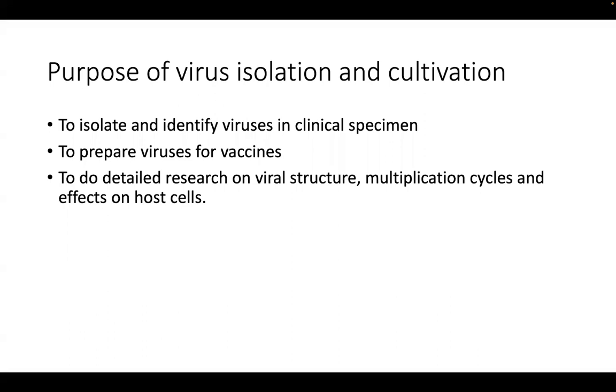So this is more than diagnosis. It is more applicable in viral cultivation than diagnosis, because for diagnosis, there are newer methods that have a shorter turnaround time, and they are being employed more than cultivation of viruses.